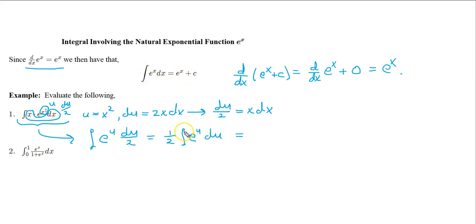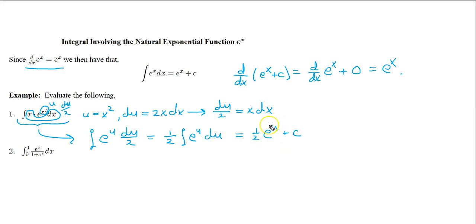And so the antiderivative of e to the u is just going to be e to the u. The u is playing the role of the x up here. And we end up with, so there's our antiderivative, or our indefinite integral.